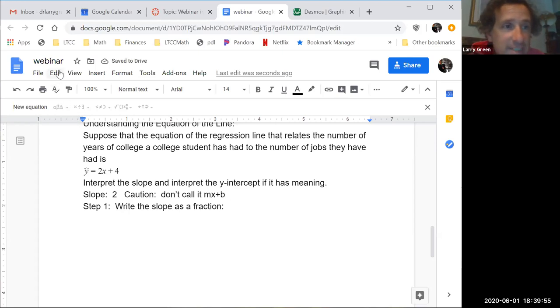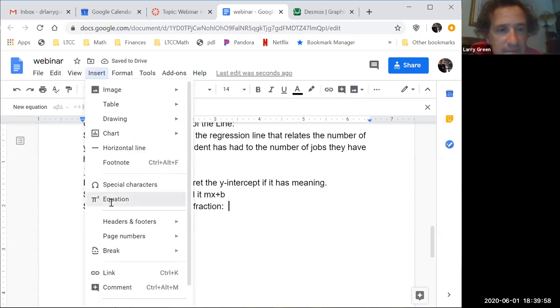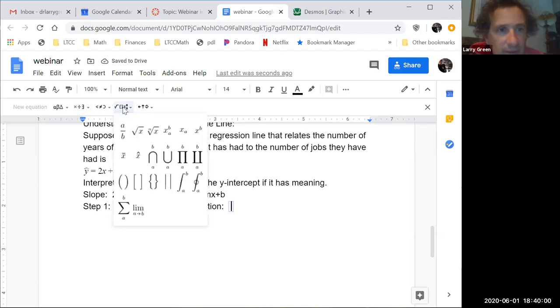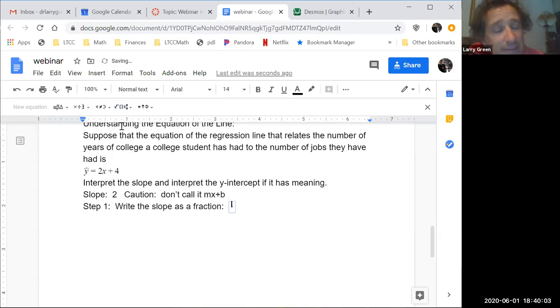Now, our slope is 2, which doesn't look like a fraction, but there's a trick you can always use to make a number a fraction. What is that trick? Who remembers? Yeah, put it over 1. Not 4, but 2 over 1. Slope is 2, so the fraction is 2 over 1.